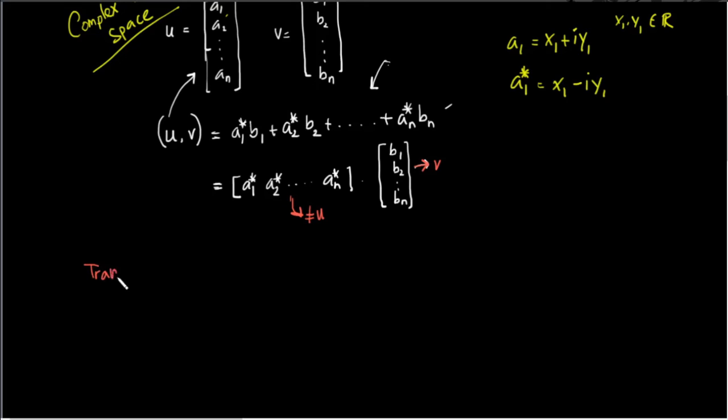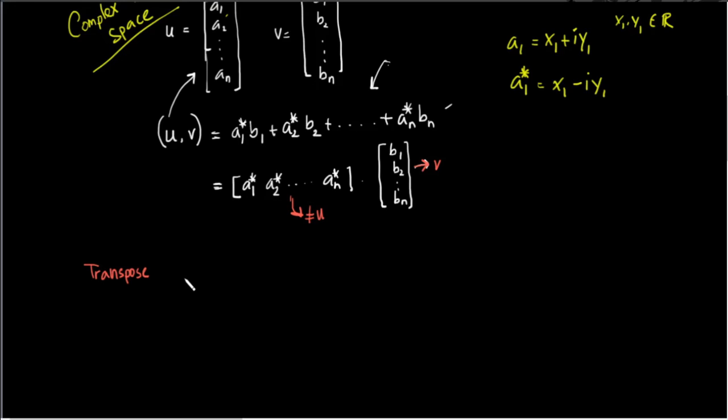So if we take the transpose of a matrix, as you might remember, then all the columns of the matrix are converted to rows, and the rows are converted to columns.